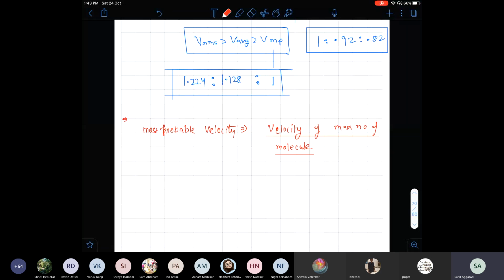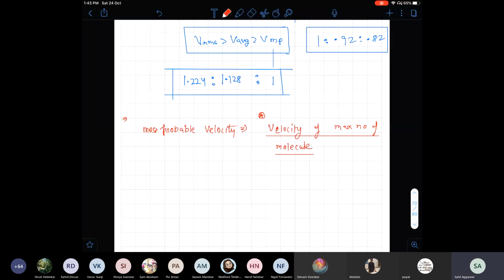मतलब if you have 100 molecules, तो 70 molecule जो है वो एक ही velocity से चल रहे हैं. That velocity is called most probable velocity. Velocity occupied by maximum number of molecules.